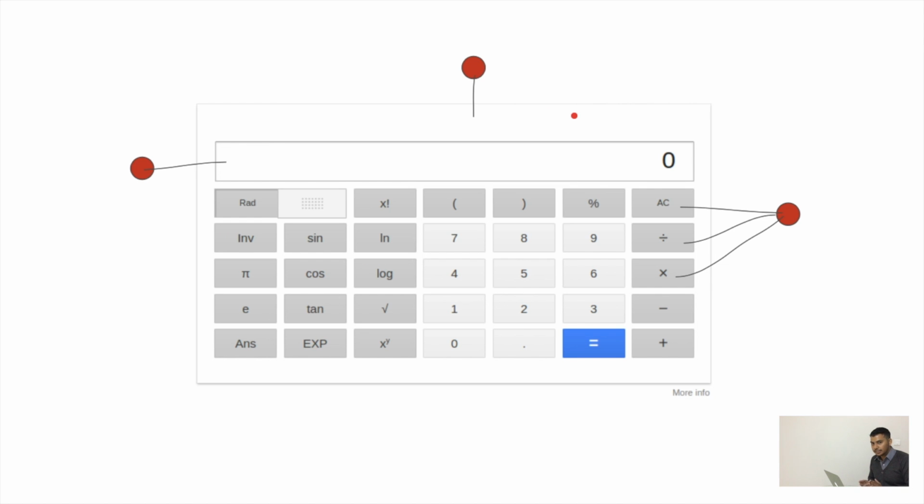Now this is just a term I have invented right now. This is a component. This particular display window is a component. All of these keys are individual components as well. Now it depends on the builder of the application what sorts of abstraction he actually wants from his application and what sort of abstraction he is comfortable with, right?